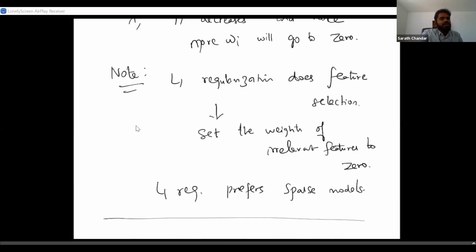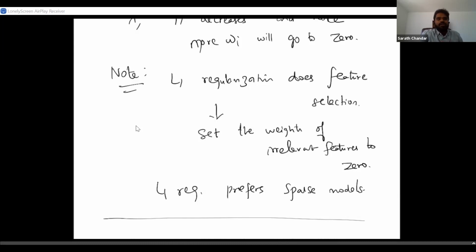Okay, so what is the advantage of using L2 regularization over L1 regularization? I'm not sure there is a clear suggestion on which regularization to use. As I said, L2 is going to reduce the magnitude but is not going to set it to zero.